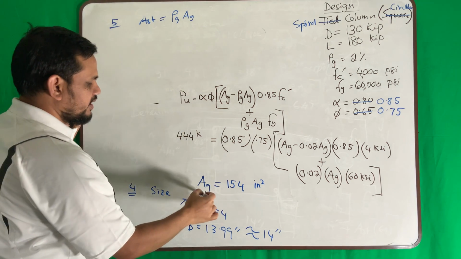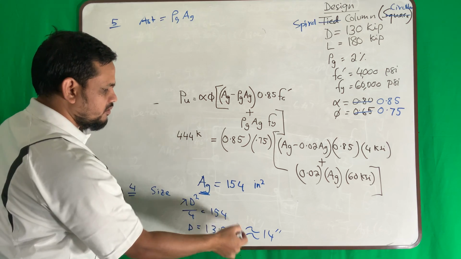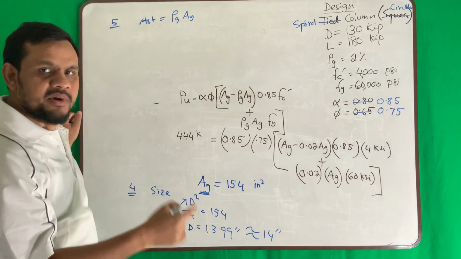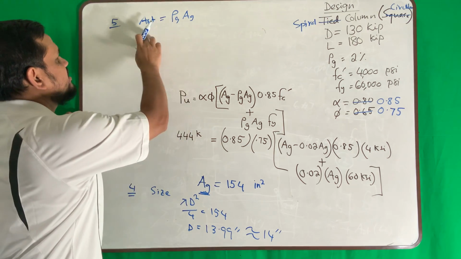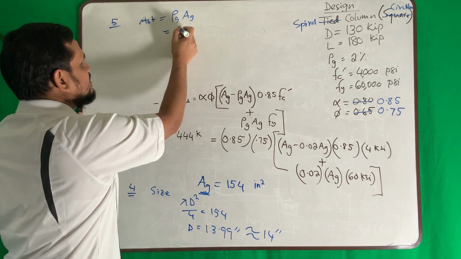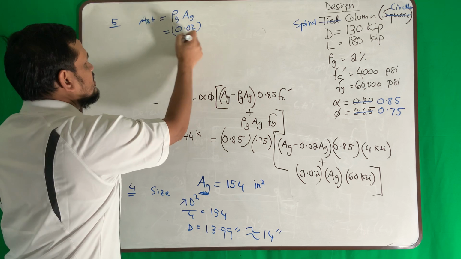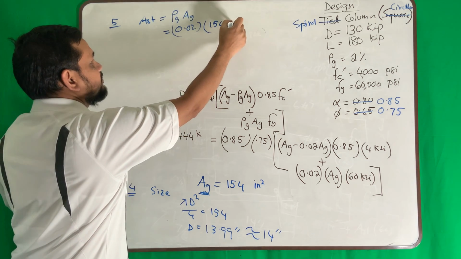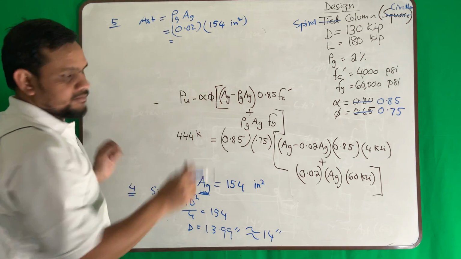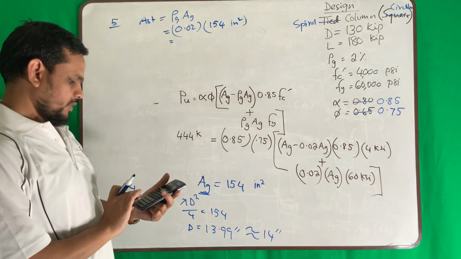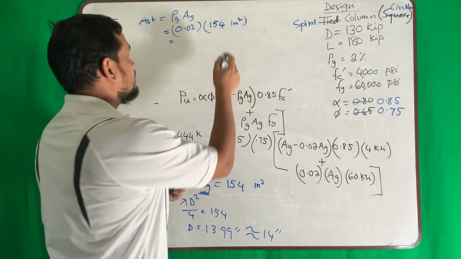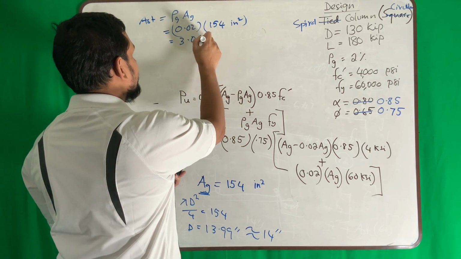We can simply use this equation. So this time we are providing exactly the same thing. 154 times 0.02, 3.08.